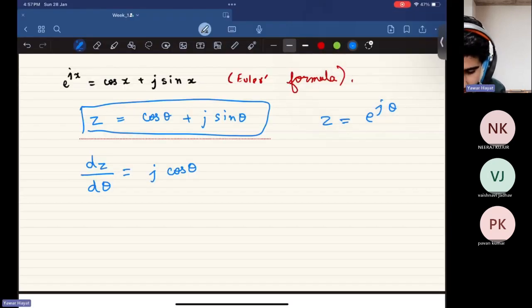Okay, so what I was saying is z is cos theta plus j sin theta. I need to prove this Euler's formula, and for that I need to prove that z is e power j theta. I can take a derivative dz by d theta.